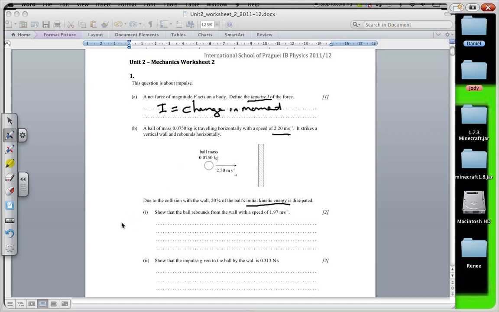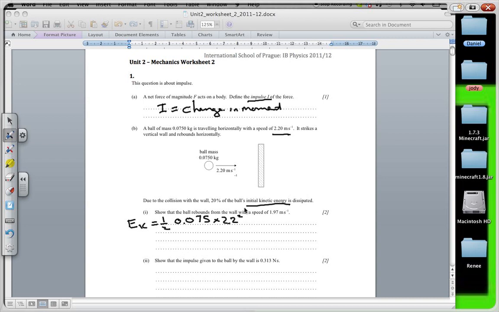Well, the first thing that we've got to do is work out the initial kinetic energy. So the initial EK is equal to a half mv squared. So it's a half times 0.075 times 2.2 squared. We can calculate that. So I'll just do it on my calculator here.